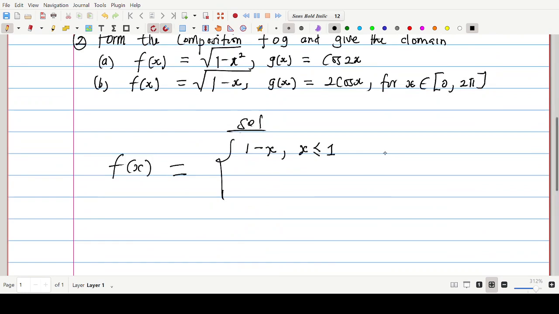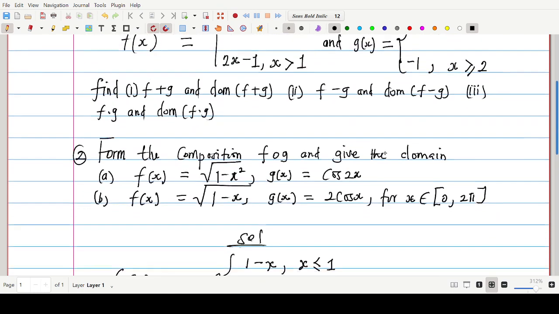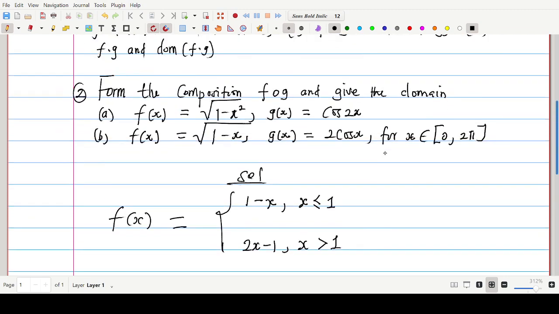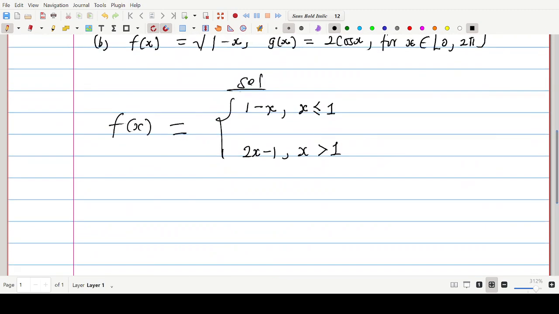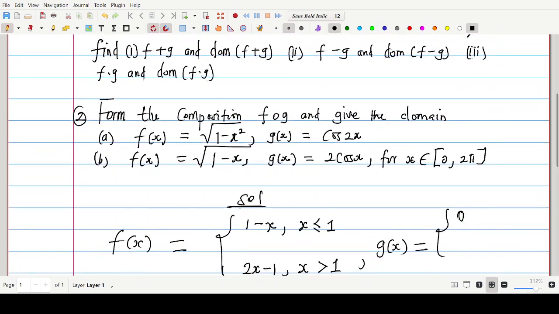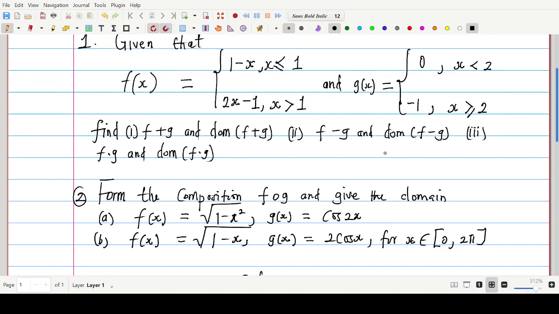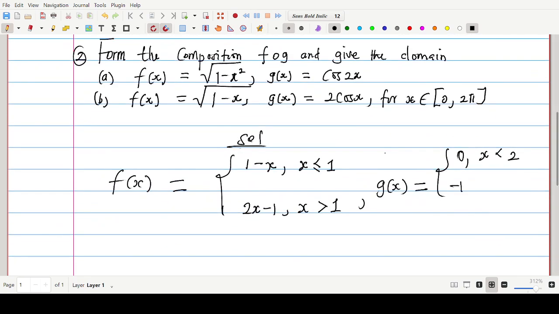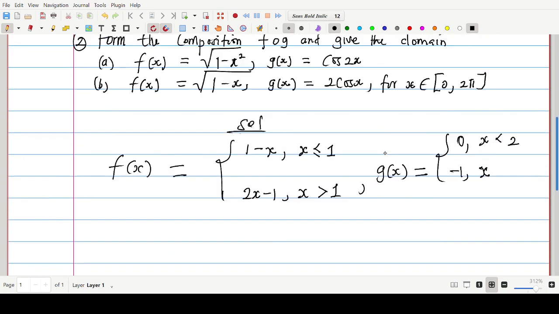Then we also have 2x minus 1 for x bigger than 1. Then the other function here, we have g of x also defined piecewise as we have 0 for x less than 2. Then we have minus 1 for x bigger than or equal to 2.